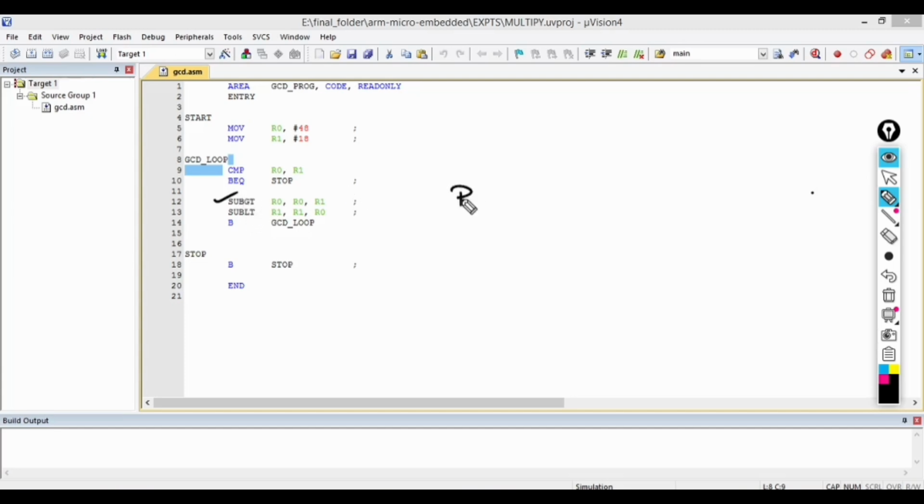Here R0 minus R1 is performed and the result is stored in R0, and in this statement R1 minus R0 is performed and the result is stored in R1. Only one of these operations will be performed, based on which exact conditional code becomes true.